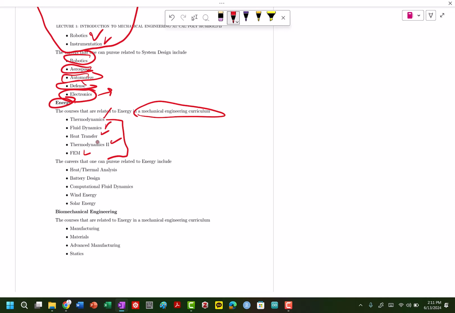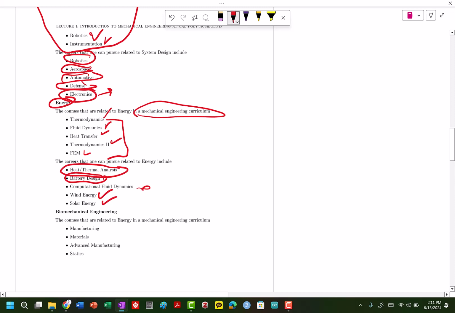Careers you can pursue include designing batteries, which involves a lot of materials science engineers and mechanical engineers. Wind energy, solar energy, all mechanical engineering concepts are integrated in these fields. Computational fluid dynamics. So energy is really heat transfer and fluids. Heat and thermal analysis is an energy-related field as well.